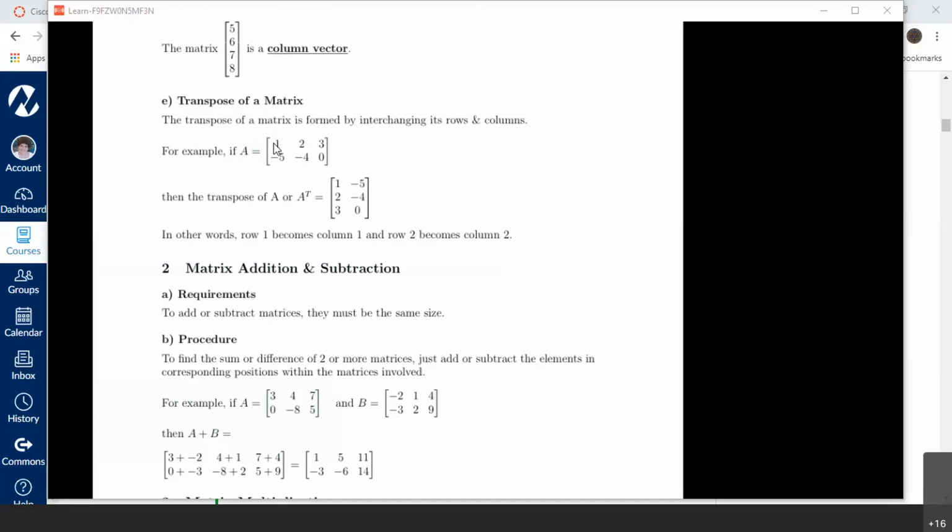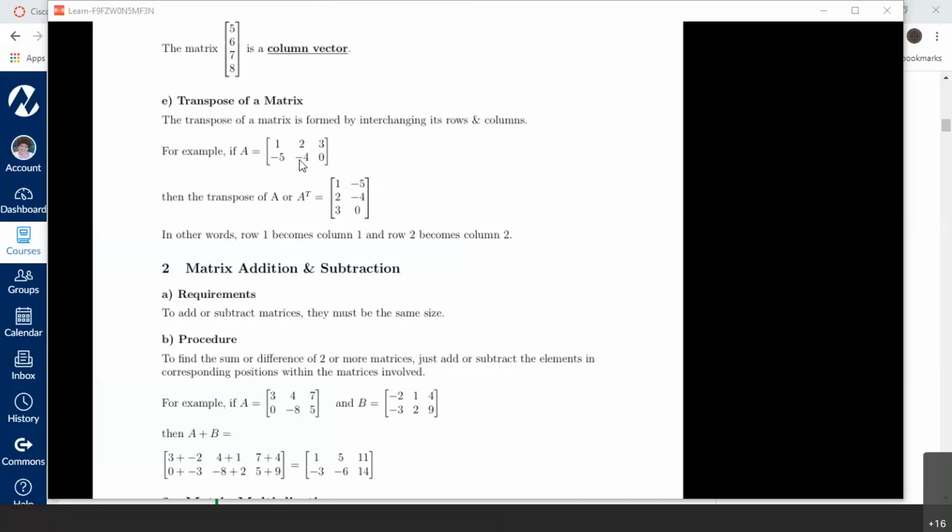So here's matrix A. It has this first row, this second column. If we transpose it, here's the word, transpose, and there's an operation with a superscript, kind of like an exponent, but it's not an exponent. It's a capital T. What that says is take each row in the original matrix and make it a column. So you can see here, row 1, 2, 3 becomes column 1, 2, 3.